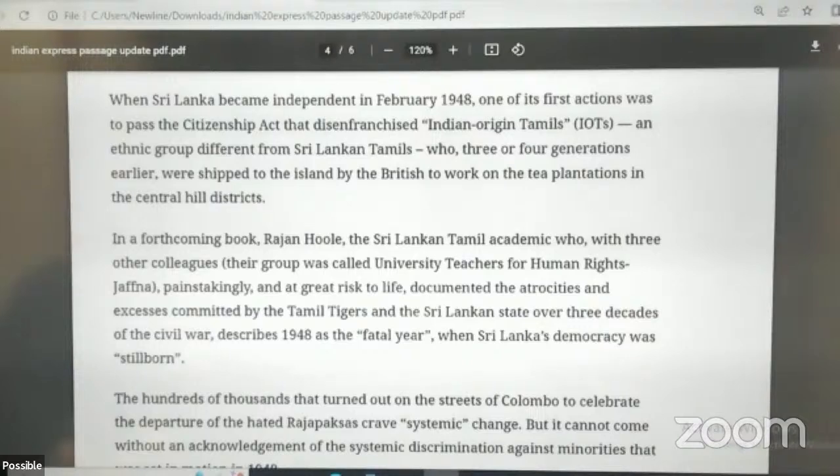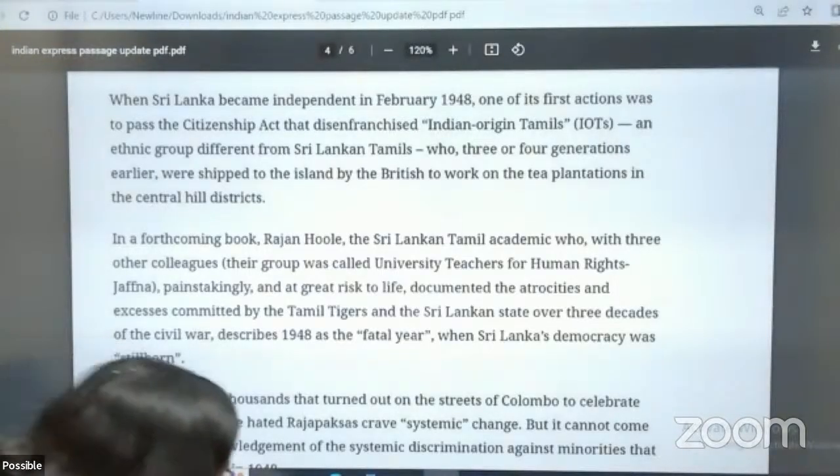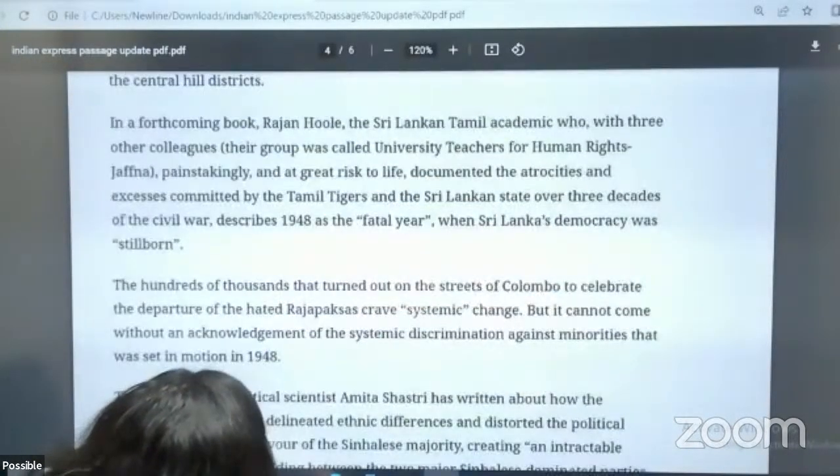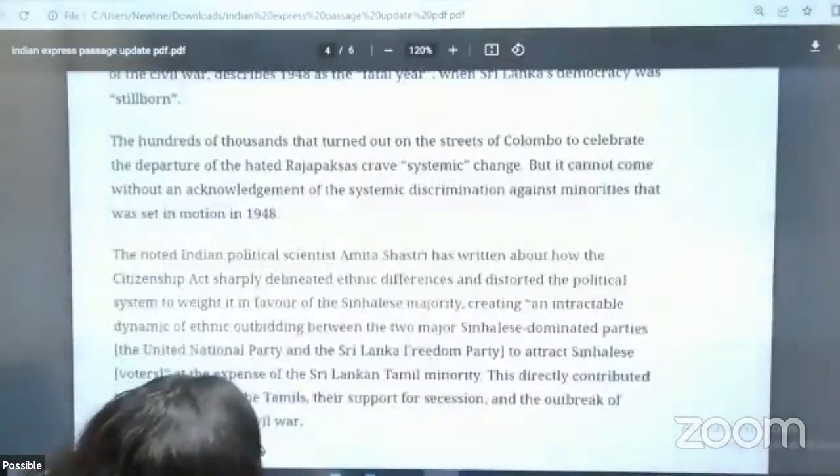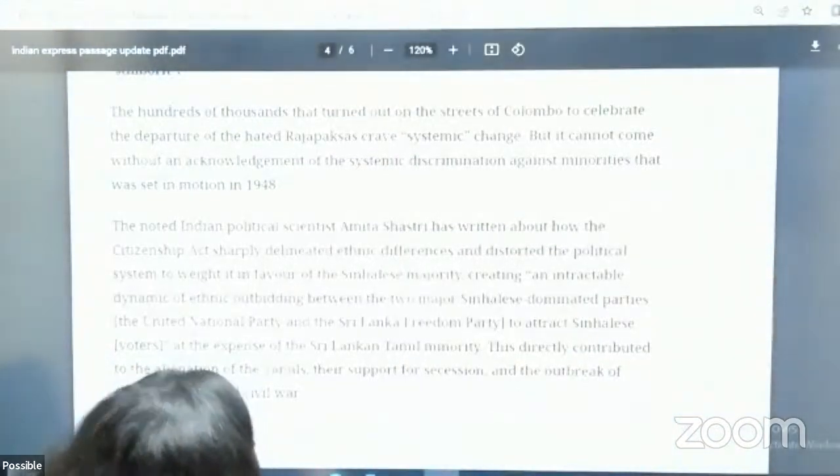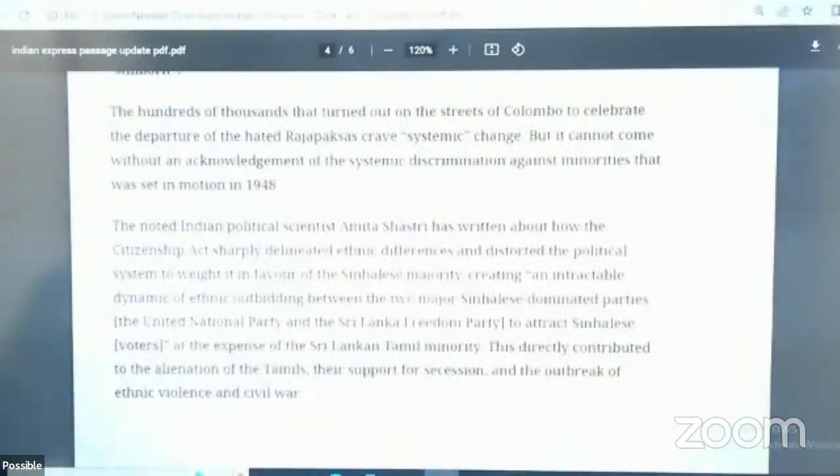Para 6 and 7. Give me a thumbs up, everyone, if you finished reading. Eight and 9 now.